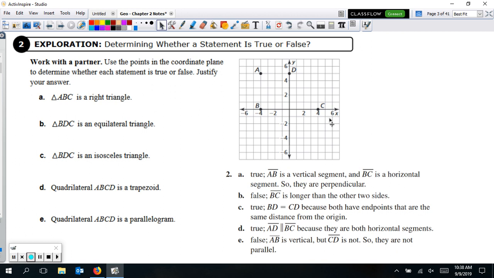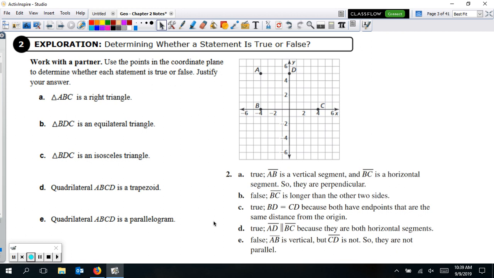So that's definitely false. It is a trapezoid because it has one pair of parallel sides, but it's not a parallelogram because it doesn't have two pairs of parallel sides. That's what it says down here: AB is vertical, CD is not, so they're not parallel.